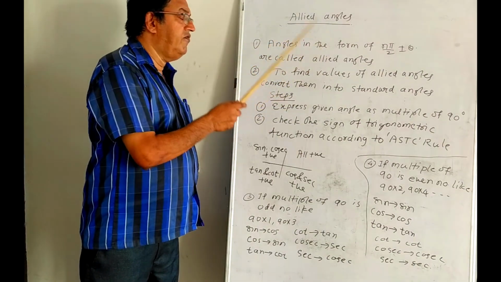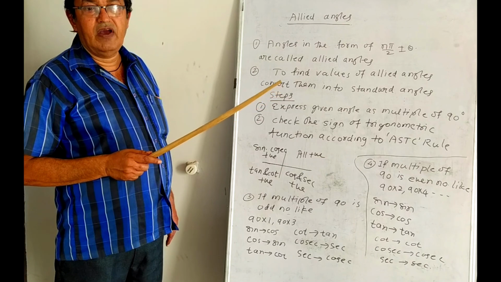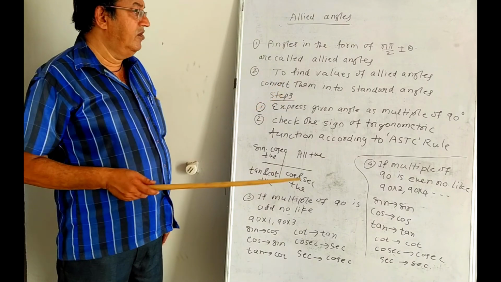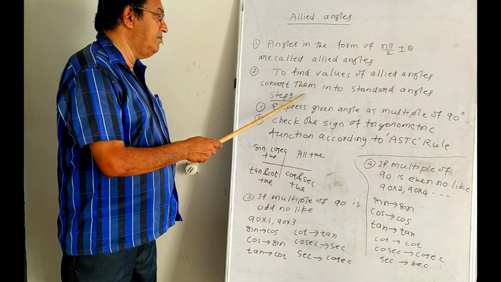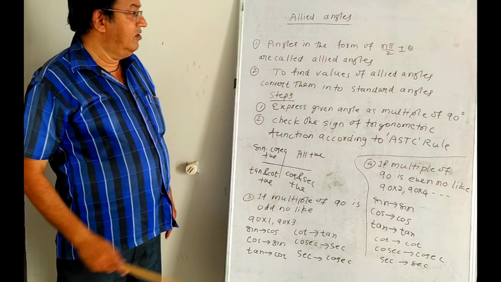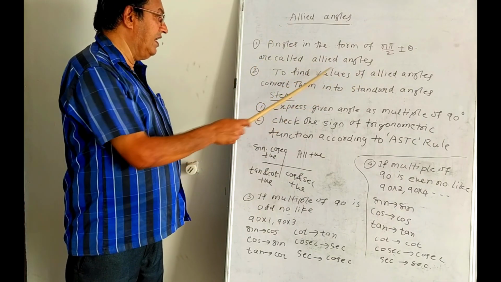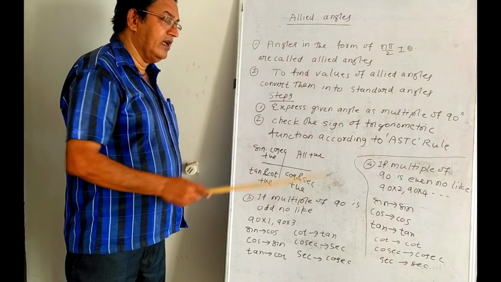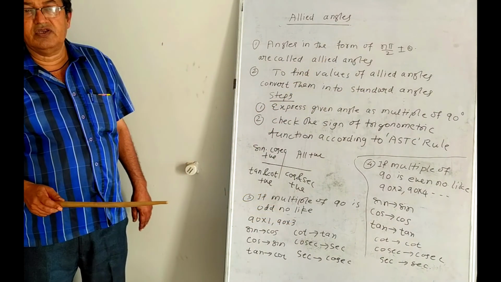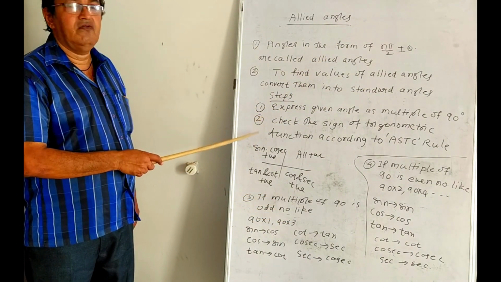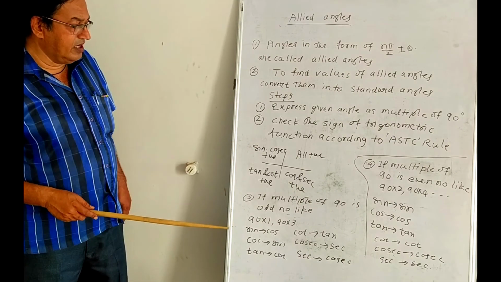Now, if you want to find trigonometric values of allied angles, you have to convert them back to standard angles. To convert into standard angles, we will make use of some steps. I have given the steps here.